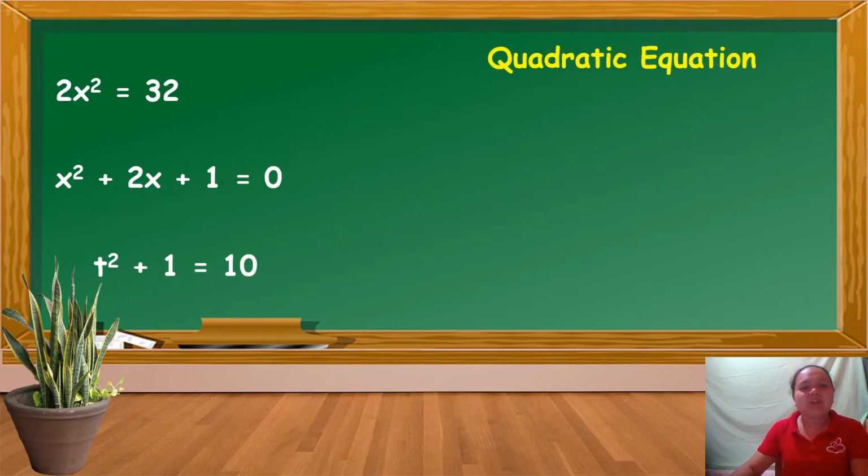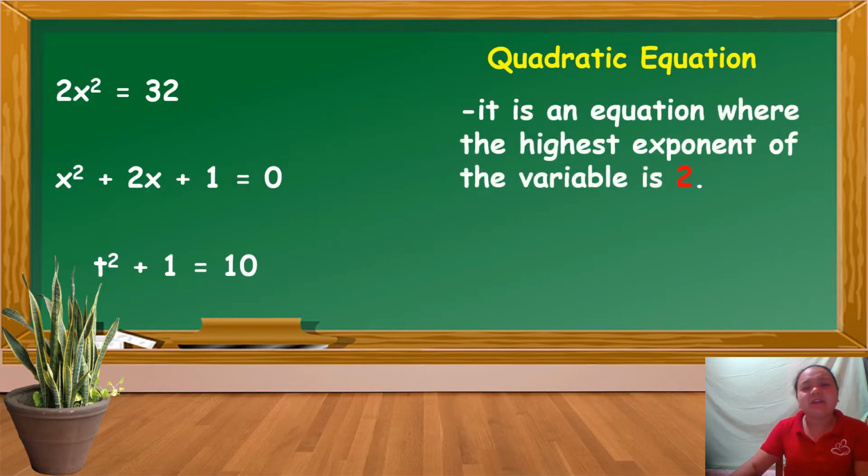Now, these are quadratic equations because the highest exponent of the variable is 2, or it is a second degree equation. Now, ano yung quadratic equation? Again, it is an equation where the highest exponent of the variable is 2.